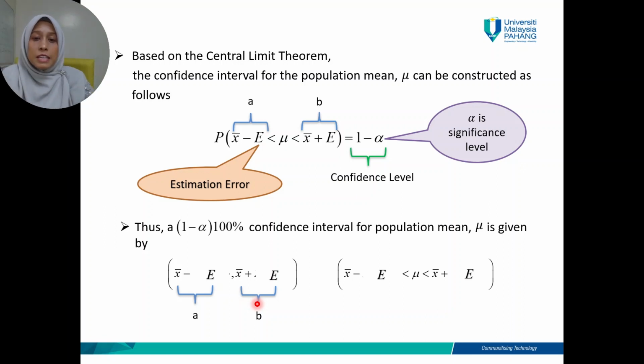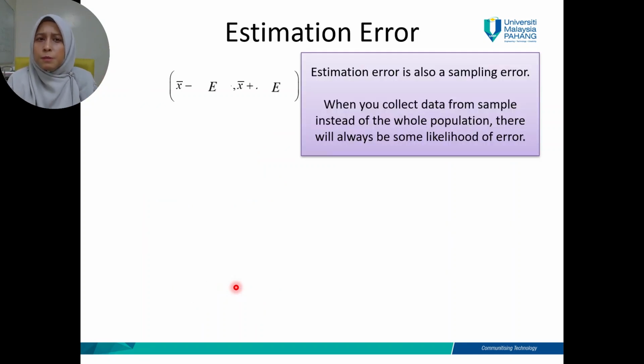So here, E is the estimation error. Let's talk more about this estimation error. Estimation error is also called a sampling error. A sample can never really ultimately represent the whole population. It can be a good representative of the whole population, but never ultimately represent it.